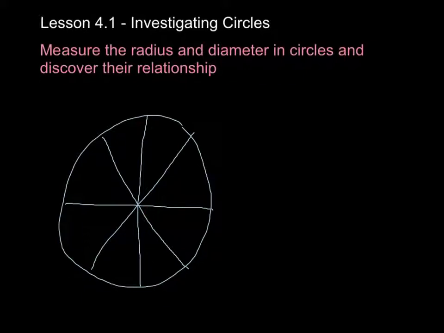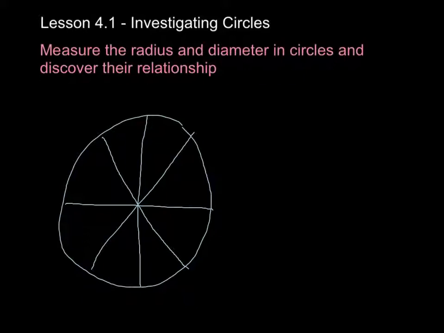And what you want to notice about this is that all points on the circle, whether it's this line or this one over here, are the same distance from the center to the edge of your circle. So there's not any one line segment that's longer from the center. All points are equal no matter which line segment we're talking about.